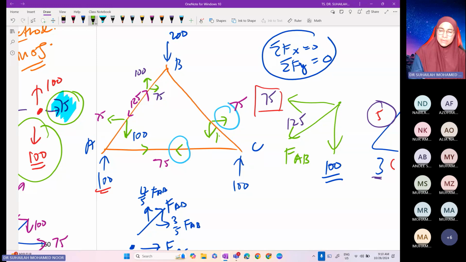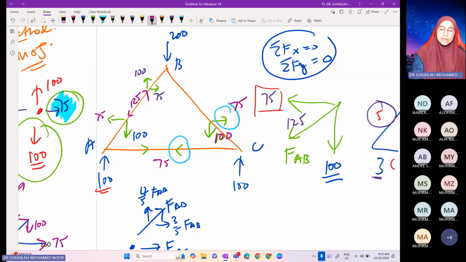Yang ni adalah 100. Gunakan trigonometry, this is 100. Okay, so 100 ke bawah, 100 ke atas. Then 0. So 0 means the joint is in equilibrium. 100 ke atas, mesti 100 ke bawah. 75 ke kanan, mesti 75 ke kiri. So then baru complete dekat C.